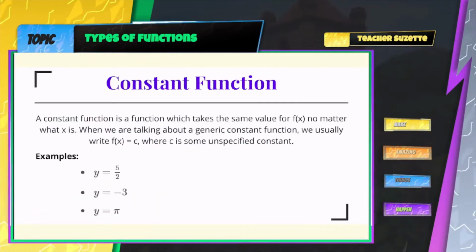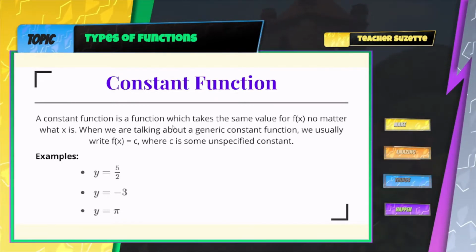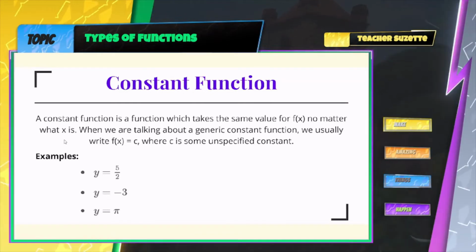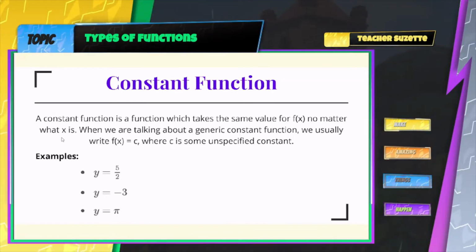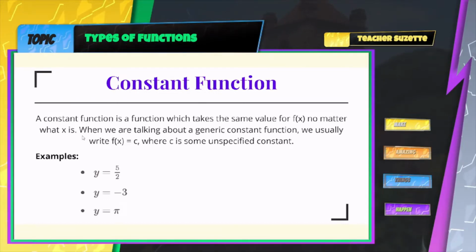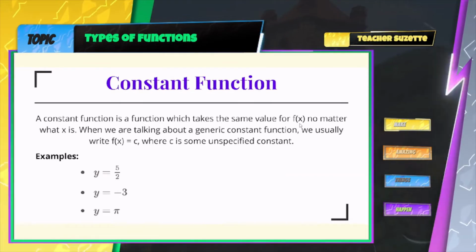So what is a constant function? A constant function is a function which takes the same value for f of x no matter what x is. So this is a function wherein the range, your f of x, consists of a single element.